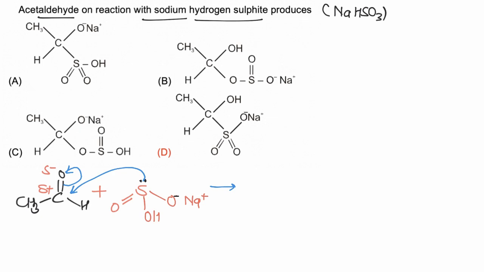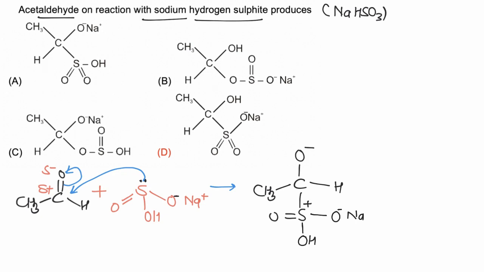So after donating the pair of electrons, it will be converted to CH3, C, O negative, H, and S double bond O, OH, O negative, and Na positive.